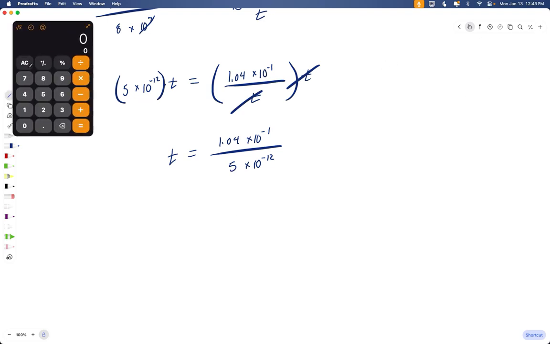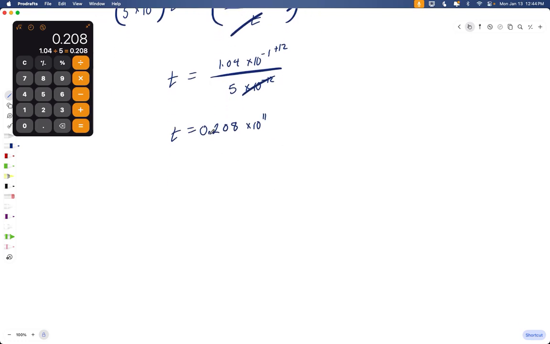So, all clear, 1.04 divided by 5 is 0.208 times 10 plus 12, so that's going to be 11, right? Bring this back, 1 minus 1. T is equal to 2.08 times 10 to the 10th power in kelvins.